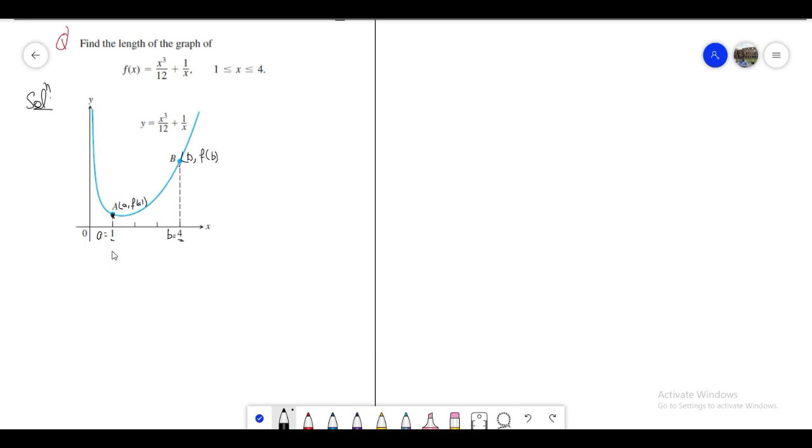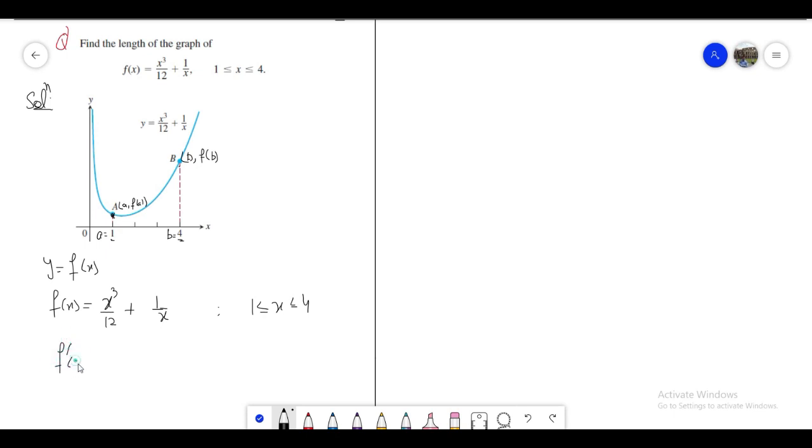So first we have to find the derivative. We have the function f of x. Of course, y is equal to f of x, and our f of x is equal to x cubed by 12 plus 1 by x, and x is ranging between 1 and 4.